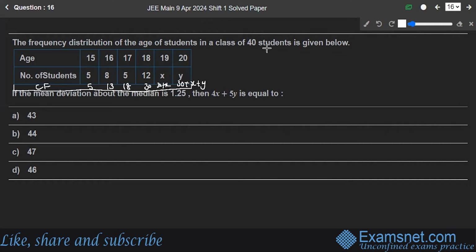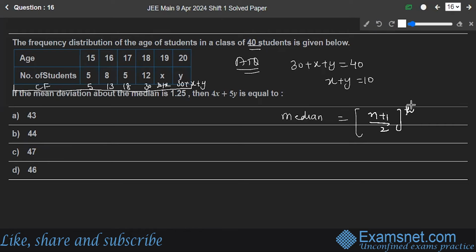Now, the total, there are 40 students. So according to the question, 30 plus x plus y is equal to 40, or x plus y is equal to 10. Now, median. For the median, it is the (n plus 1)/2 th term, like this is 40, so 41 upon 2, this much observation, right?